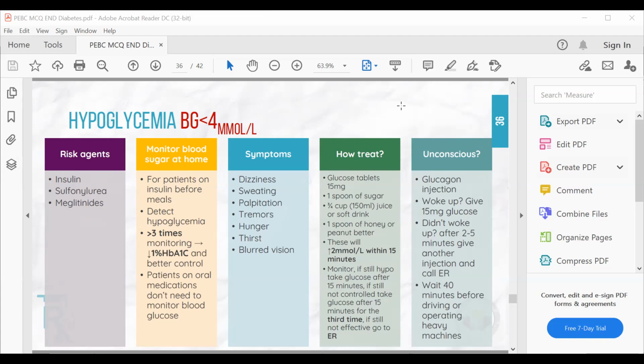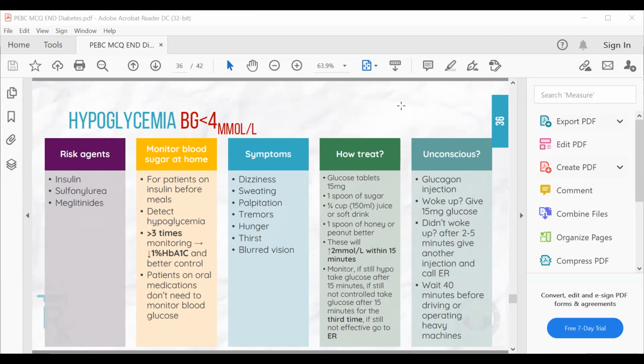If I didn't wake up in 5 minutes, will you call emergency, or will you give me glucagon again and call emergency? We'd have to give glucagon again before calling, do it together. Yes, exactly. And just for your information, there is a glucagon nasal spray now. It's for easier application.